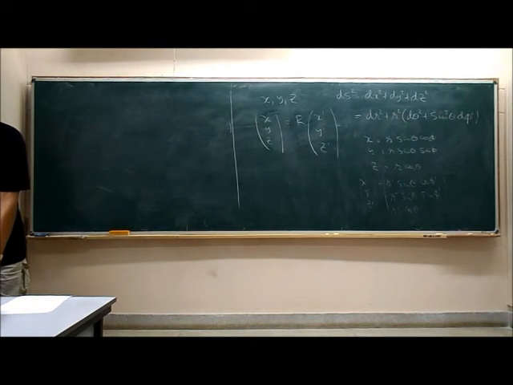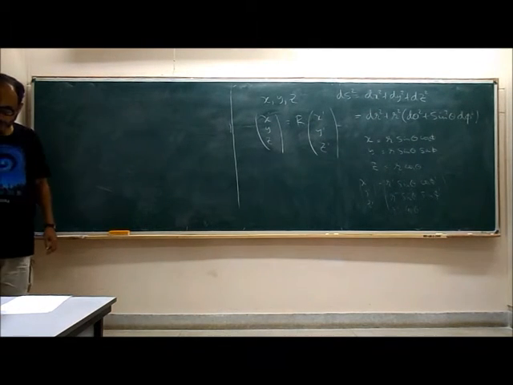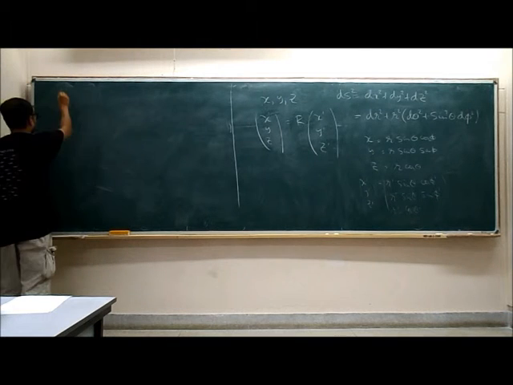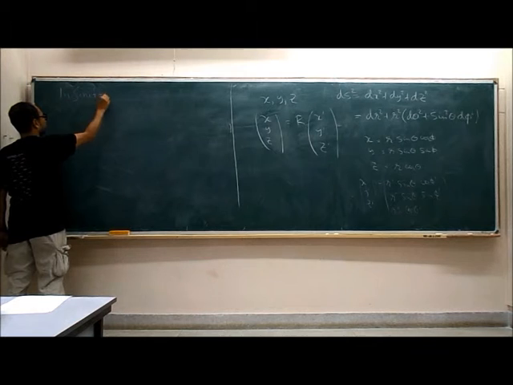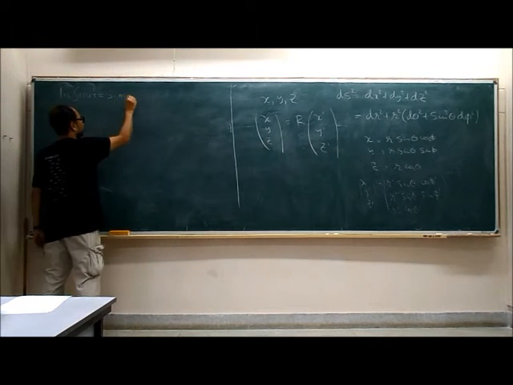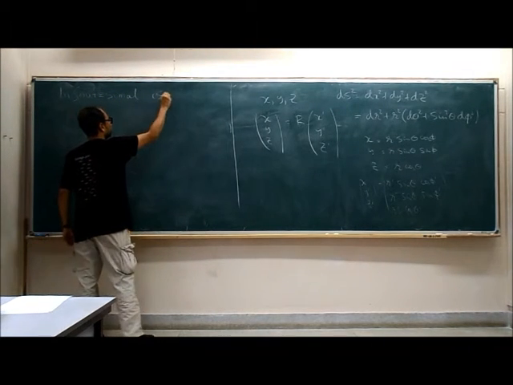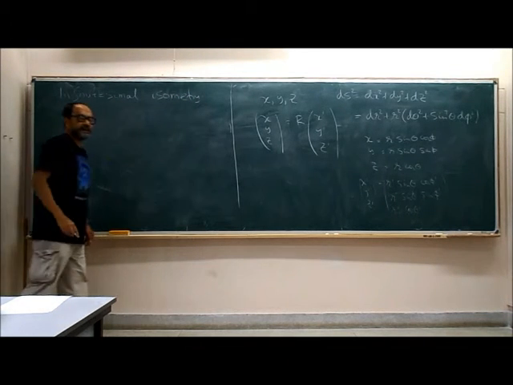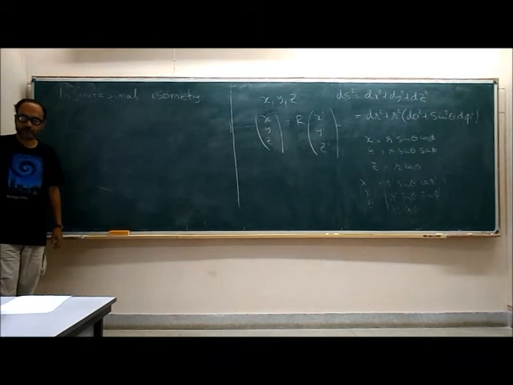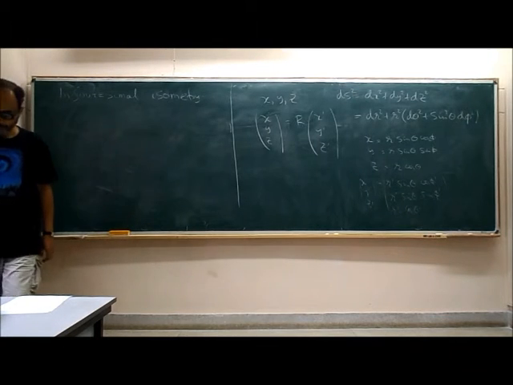Okay. So another useful notion is the notion of infinitesimal isometry. These are essentially infinitesimal general coordinate transformations which are isometries.